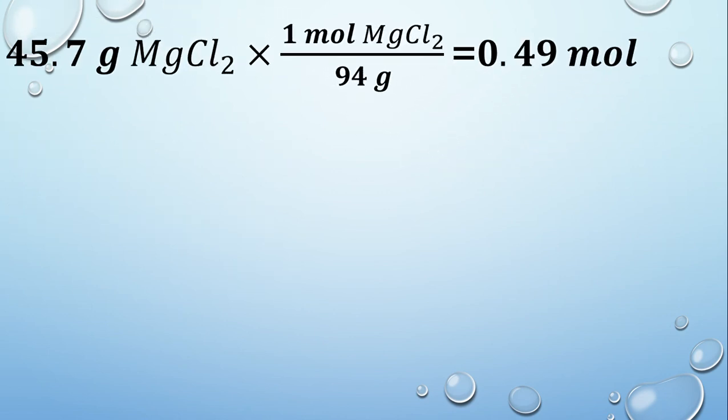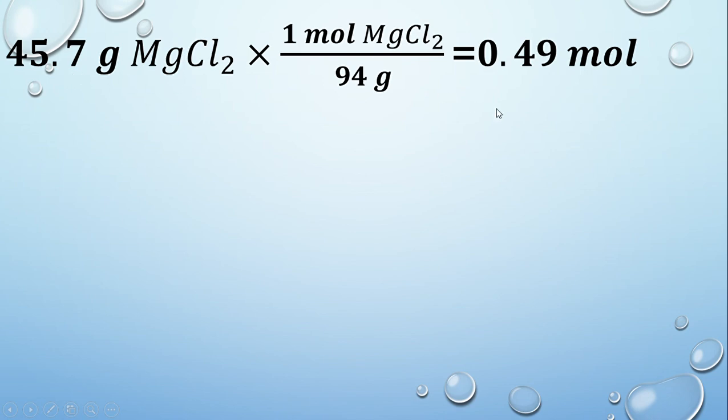After that, okay, so the given, start tayo kay given mass sa problem ng magnesium chloride, which is 45.7 grams of magnesium chloride times in 1 mole of magnesium chloride is 94 grams. Ito na yung nakuha nating molar mass ng magnesium chloride. So let's divide 45.7 grams divided by 94.